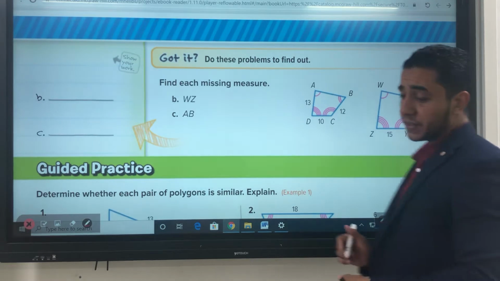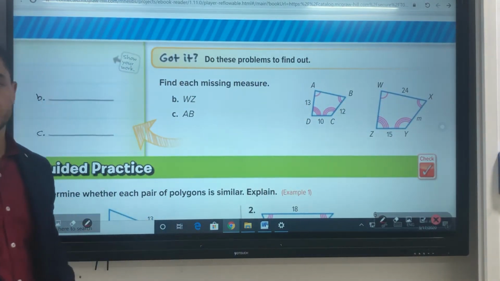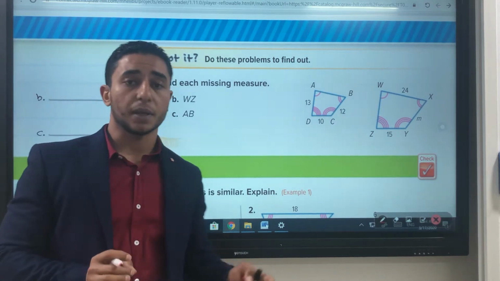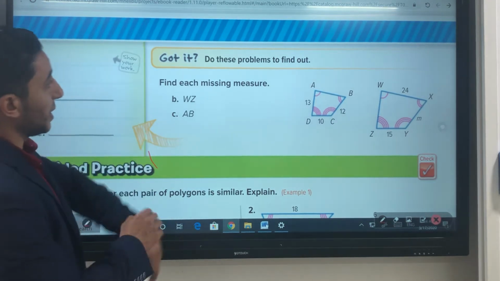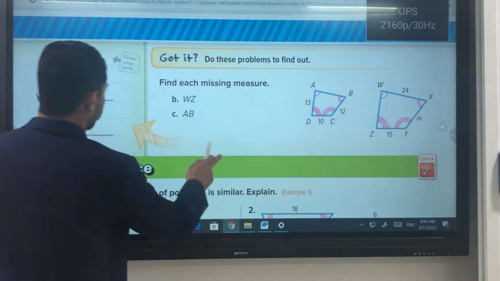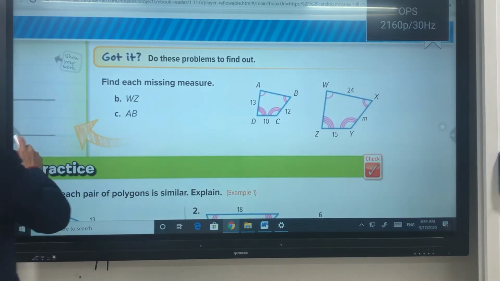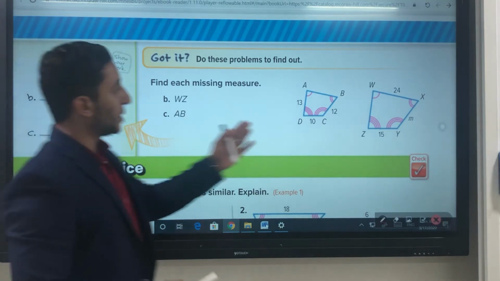Now we have another idea: find the missing measure, the missing sides or missing angles. Good. So here, page 548, we have two similar polygons.